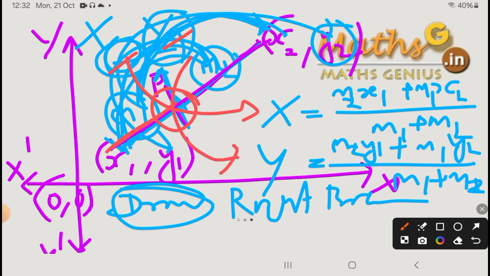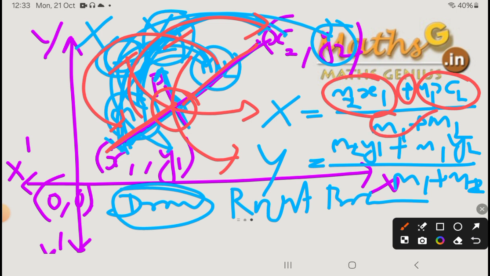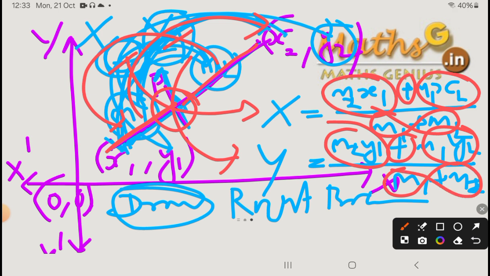By multiplying this ratio on the other side coordinates and the ratio on this side with the coordinates of the farther side. m2 x1 plus m1 x2 by m1 plus m2, m2 y1 plus m1 y2 divided by m1 plus m2 are the coordinates of this point P.